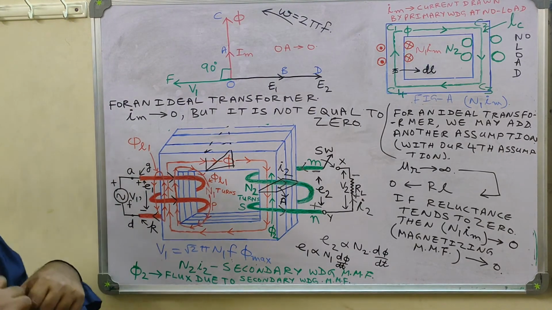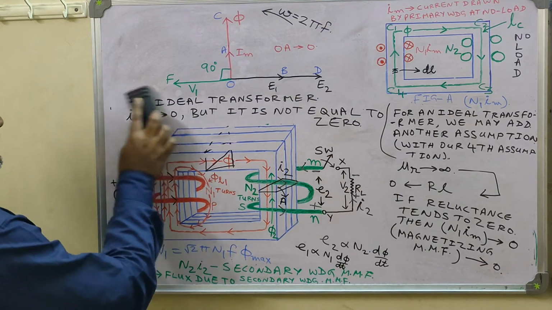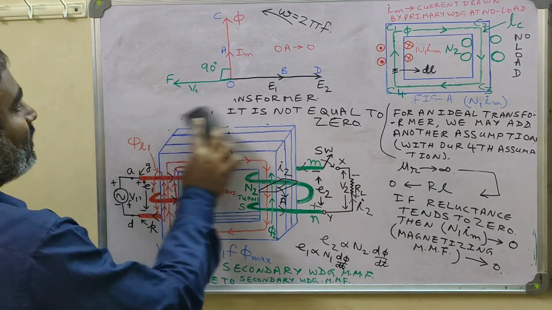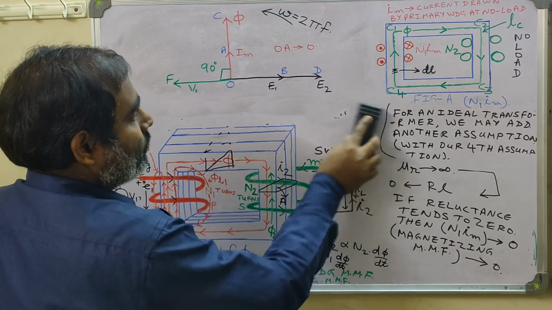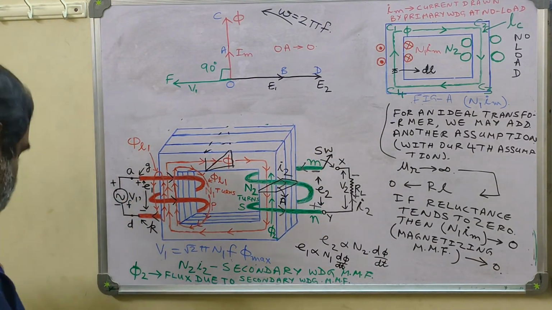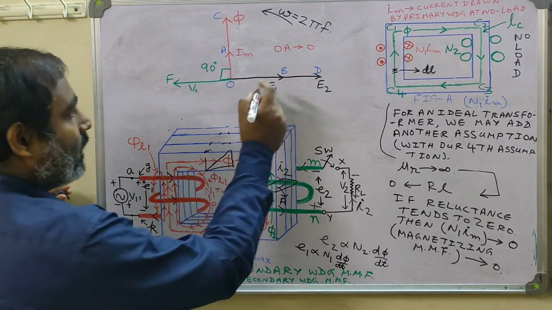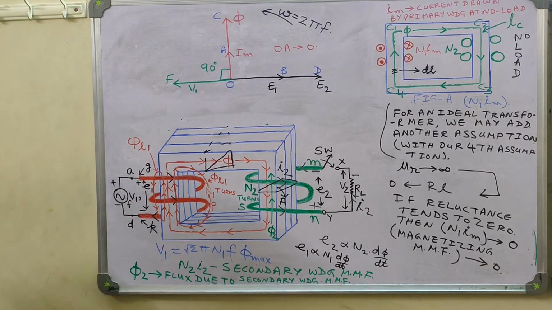But what is the value of that inductance or say magnetizing reactance? Let us write here so that we can make out some conclusion which will be helpful for various MCQ questions which we face in our examination.